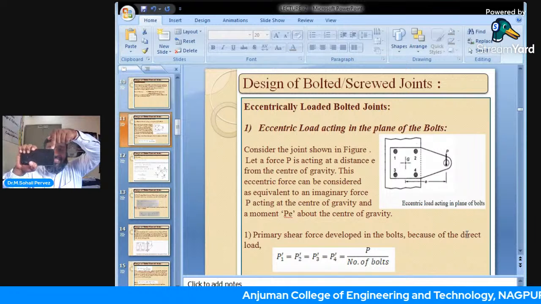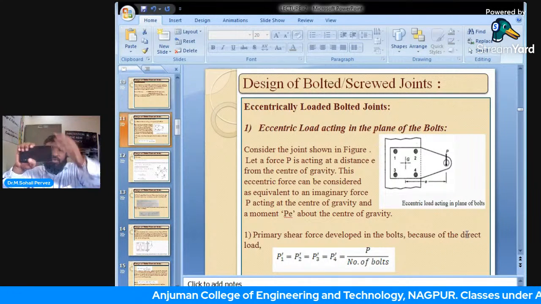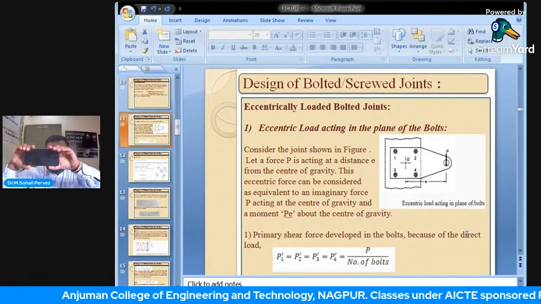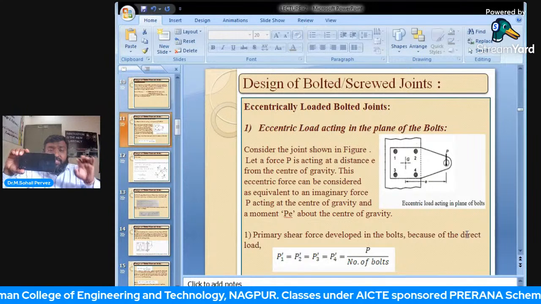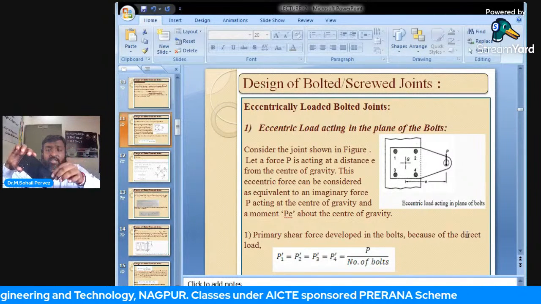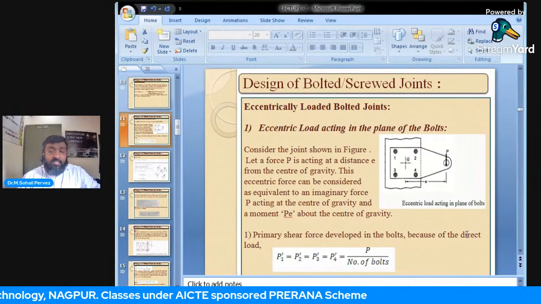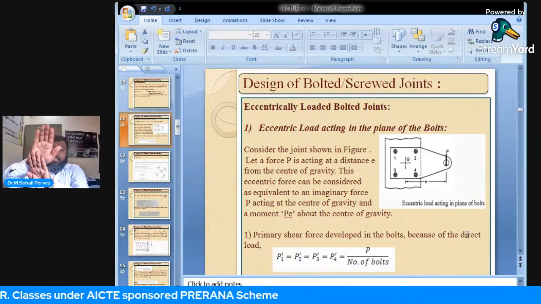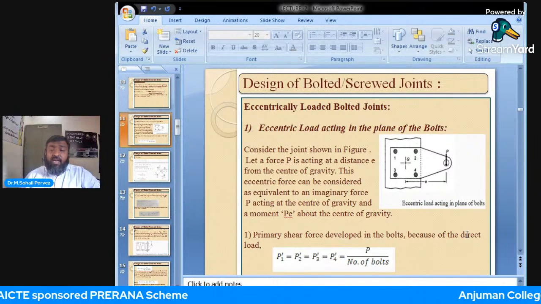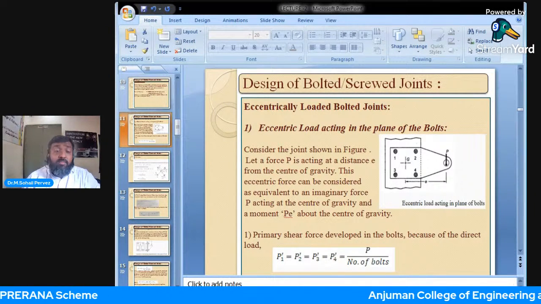So in this case, what would happen to these 4 bolts? Sir, prima facie, this will turn in this fashion. It means the effect will be like this, and this is nothing but shear.